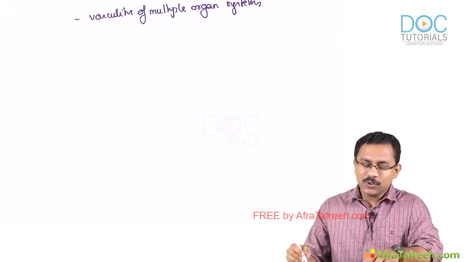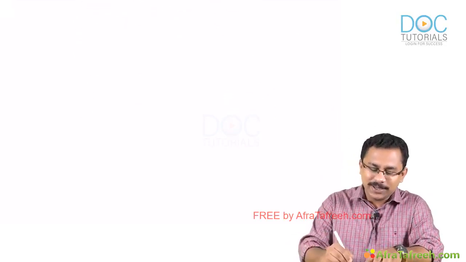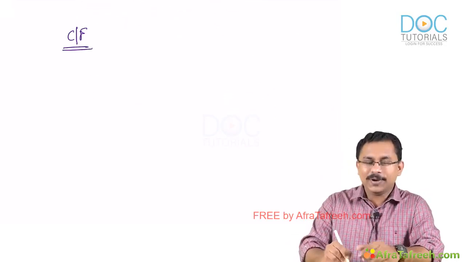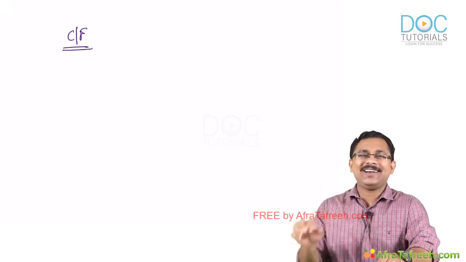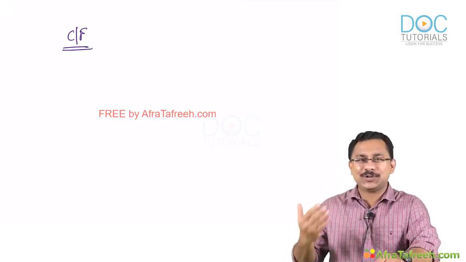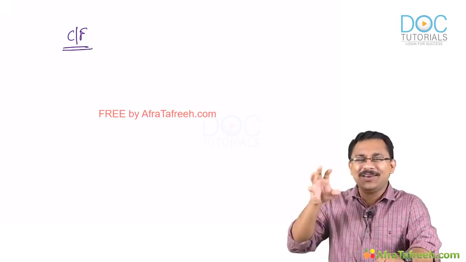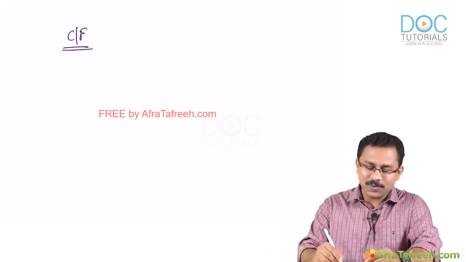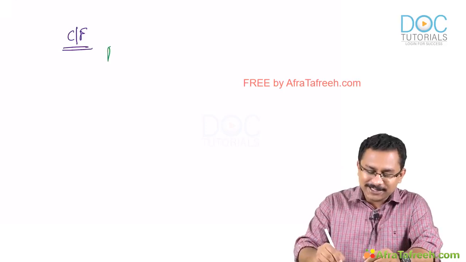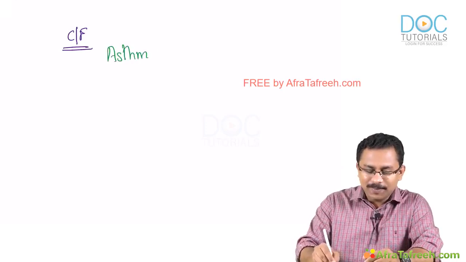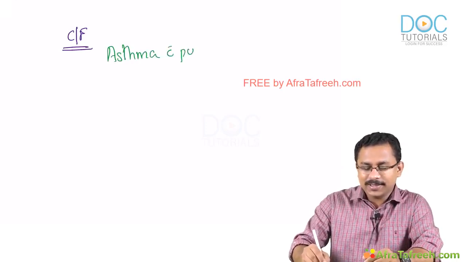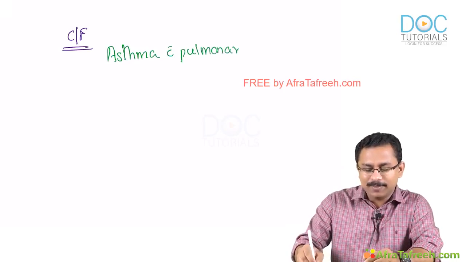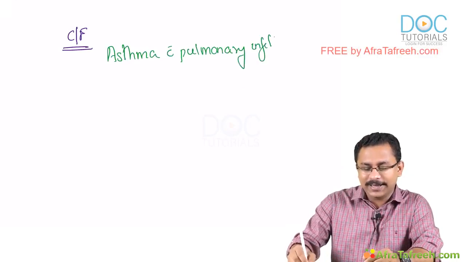When you take the clinical picture into account, if you are asked what is the dominant clinical picture, remember I told you in microscopic PAN the renal involvement will usually dominate the picture. Here it is the asthma. So you will have asthma with pulmonary infiltrates, again a dominant finding.